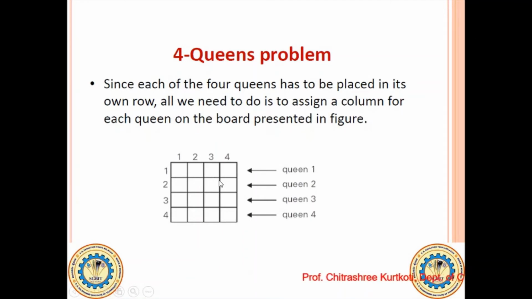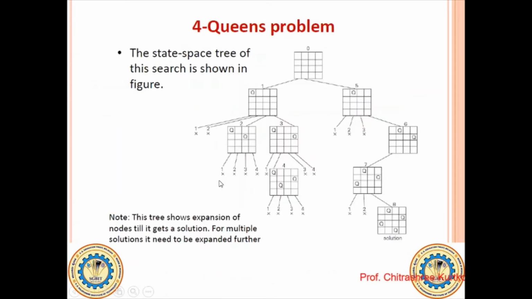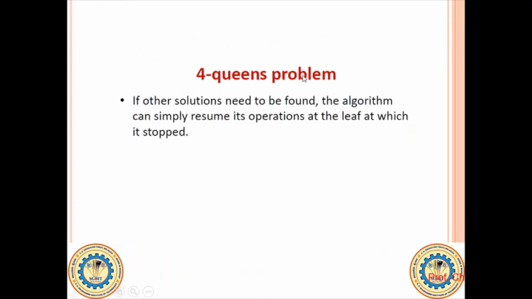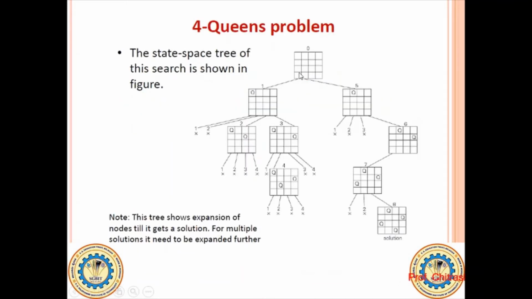Let us start placing these queens on the chessboard. Here, as we are making use of the backtracking process, the solutions are represented in the form of a state space tree.